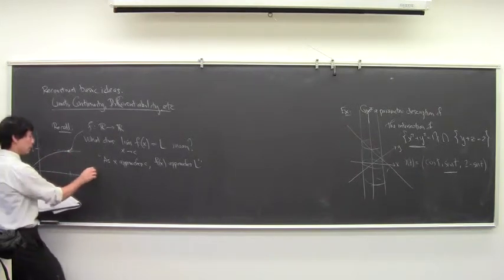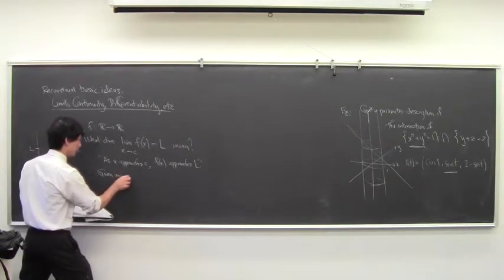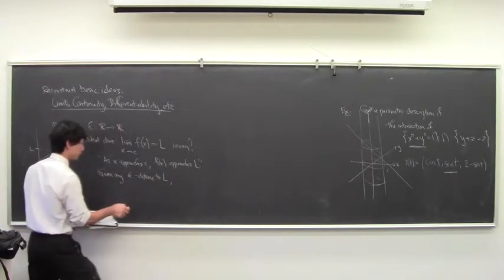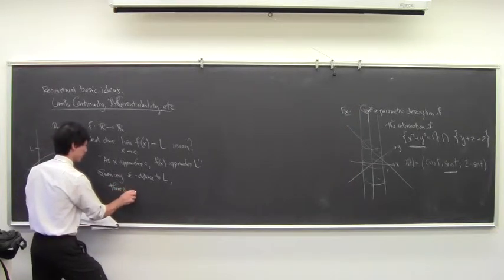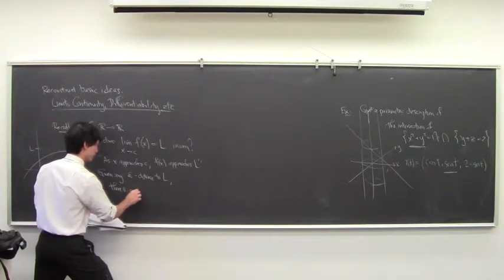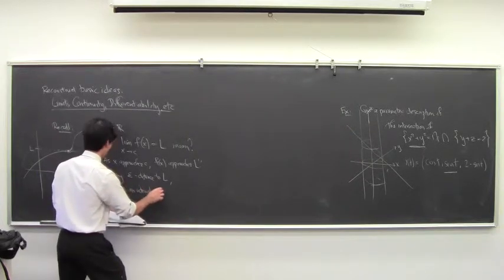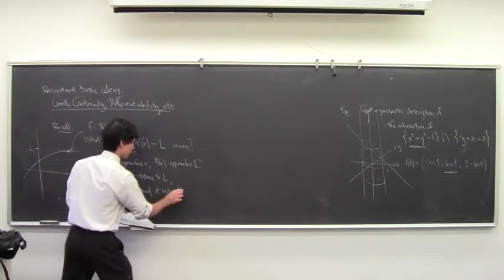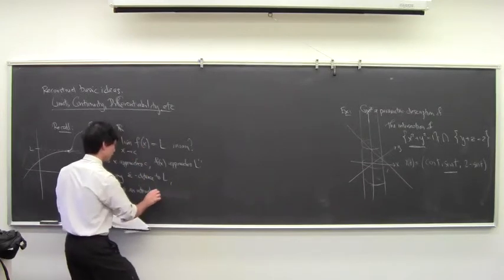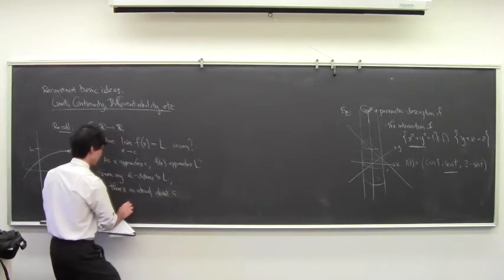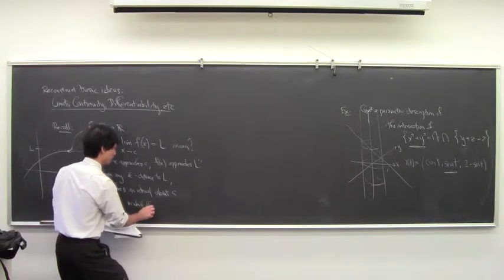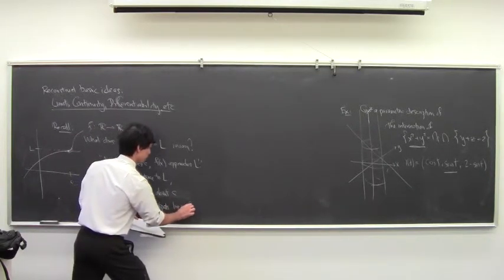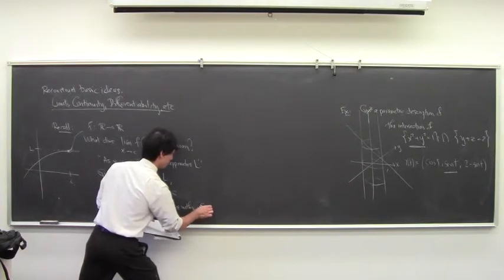You say, given any epsilon distance to L, there is an interval of radius delta about c in which the outputs lie within that distance, within epsilon of L.